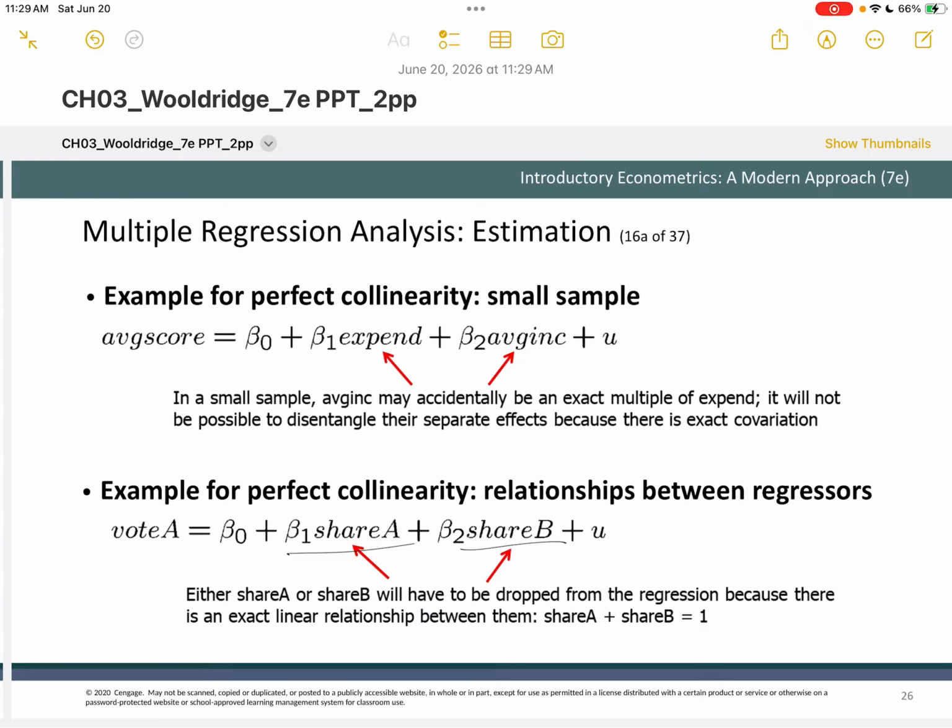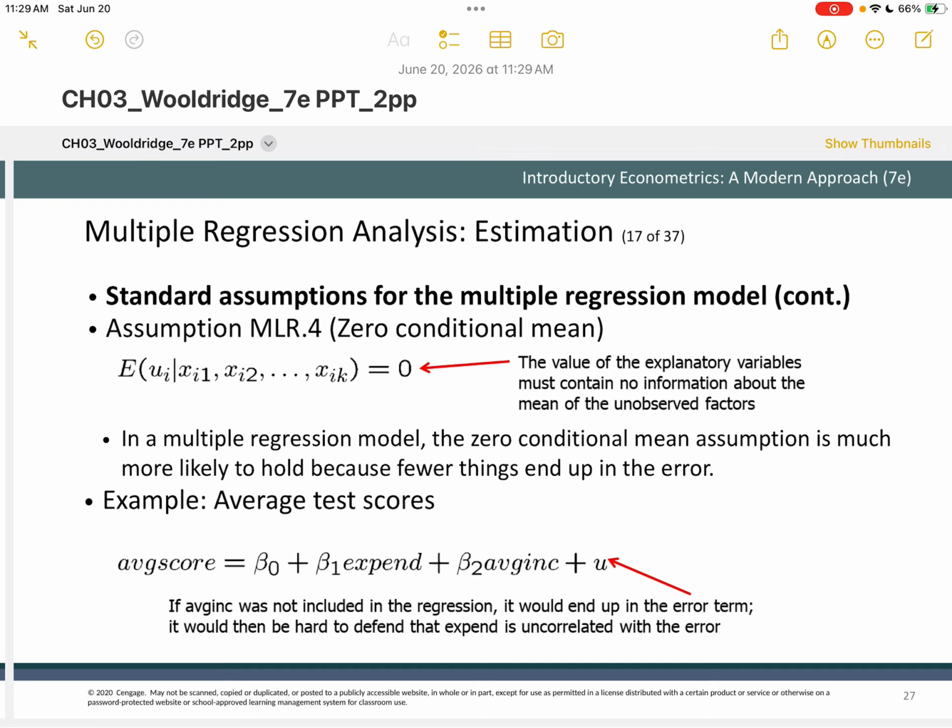Moving on, the zero conditional mean. In multiple linear regression, it is highly unlikely to hold. Although fewer things end up in the error, your backdoor path may still be open, just not widely open.